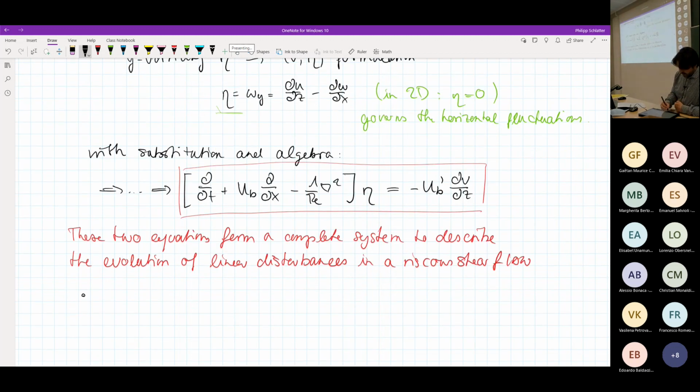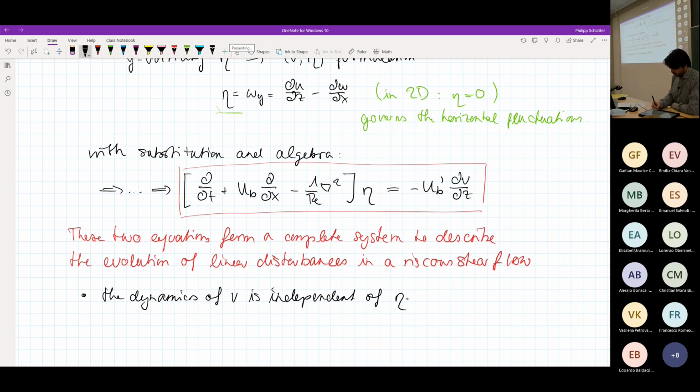So we can say that the dynamics of V is independent of the eta equation. So I can solve it first.